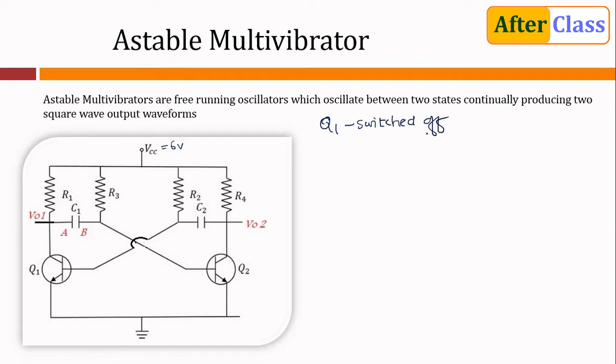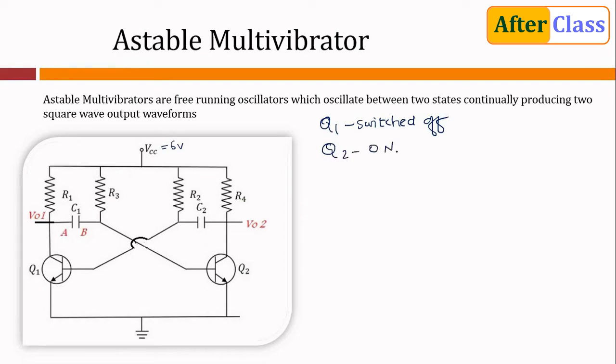Transistor Q1 is switched off and VCC is 6 volts. So if this is the case, then its collector voltage is rising towards VCC. Q1 is switched off, meaning it is not conducting any current, so the voltage here will rise towards the value of VCC. Meanwhile, the transistor Q2 is turned on. So this is one stable state.